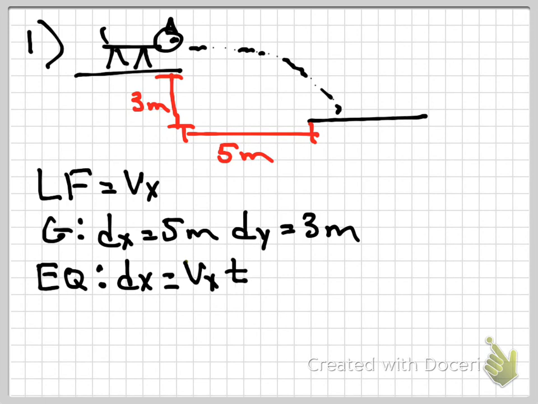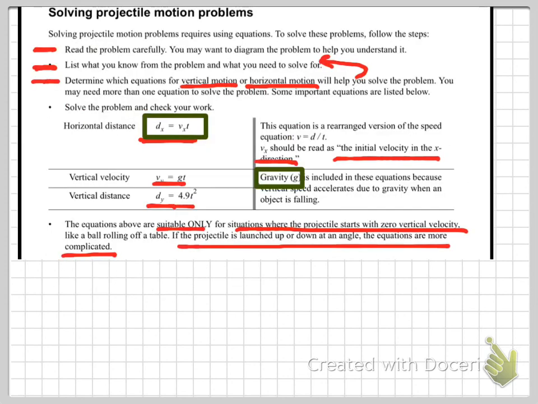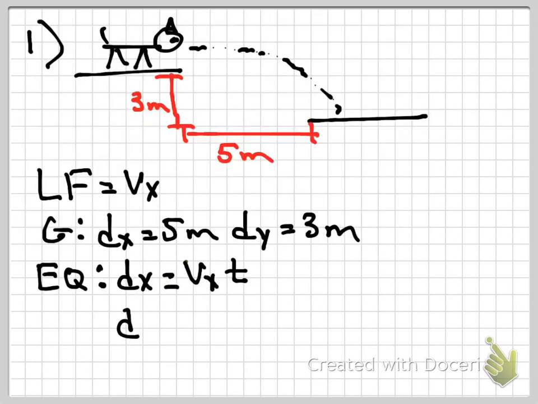We will also need something vertically. Let's look at our equations. We don't need our vertical velocity, but we need our vertical distance because we have that. So dy equals 4.9 t squared.